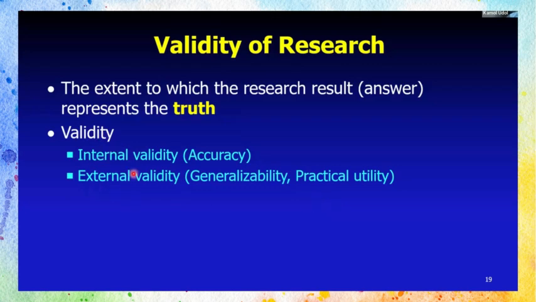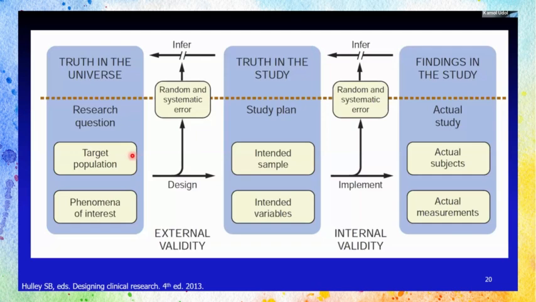I will explain how they are different using this very important diagram. This diagram will explain the function of research, how we can use research to get knowledge that represents the truth.